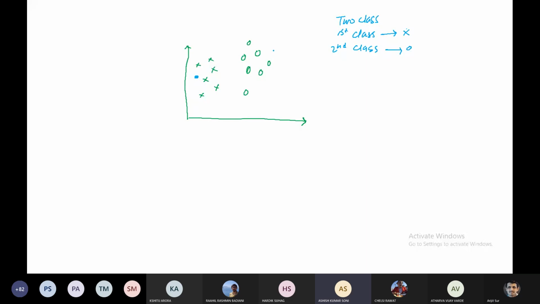The center point of the first class is nearer to it. Yes, that makes sense. If we take a cluster and this is another cluster, and this is the center of the cluster here and this is the center of the cluster here, this point is nearer here than there. That's what you want to say. So that is very much intuitive.